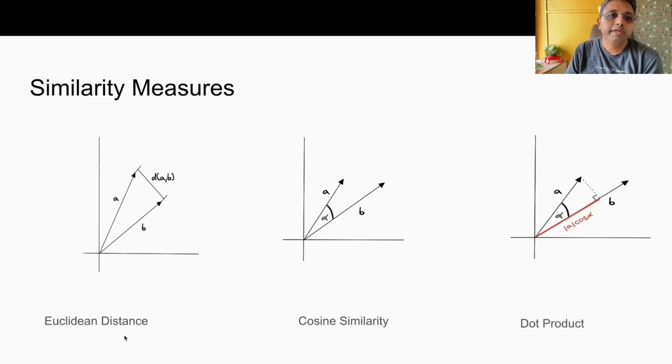In Euclidean distance, merely the distance between the two vectors is considered, like how far one vector is from the other.